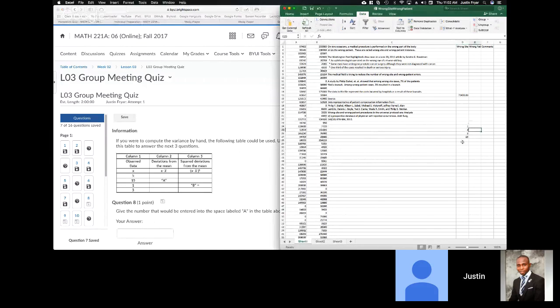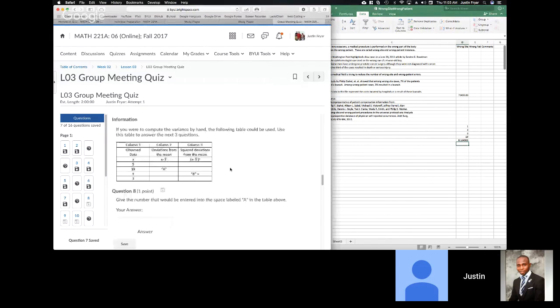So here's our data. Anyone have any thoughts how to do this?